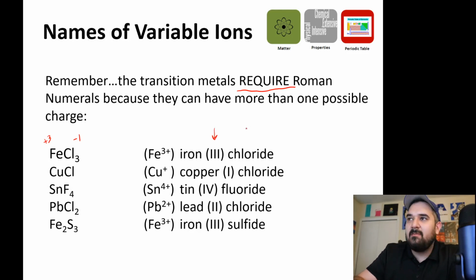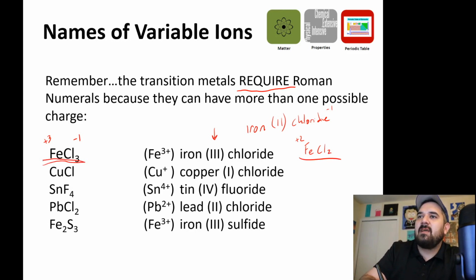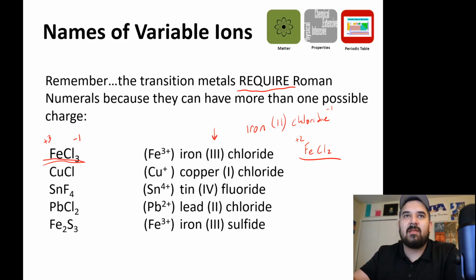If you didn't write the 3, let's say you wrote iron 2 chloride, that would mean you would write Fe, and then we'd know that we have a +2 charge, and we know chlorine has a -1 charge, and then you would write FeCl2, which is a completely different compound than that. And that's why we write the Roman numerals. That's why we write the charge of the iron, because it could be something different, and we want to specify what it is so that we know how many of each element we have.